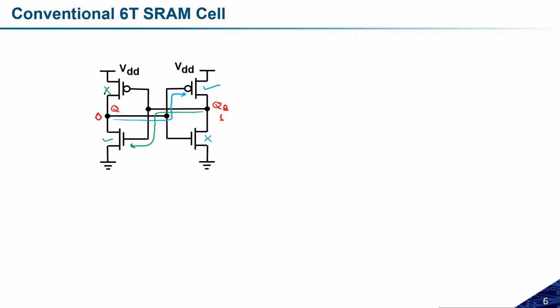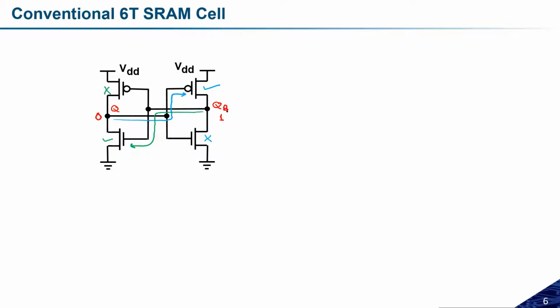Now, the data which the node Q is holding, which is logic 0, is because of this transistor. This transistor is responsible to hold the data at node Q, which is logic 0, because it is in on state. So this ground will be virtually connected to this node Q, and the storage node will be 0.